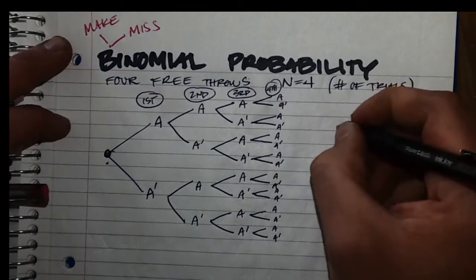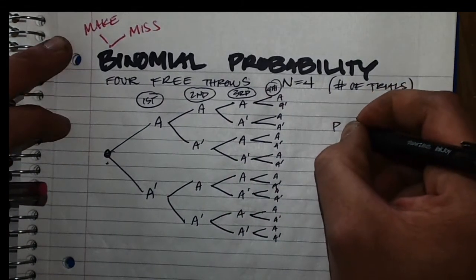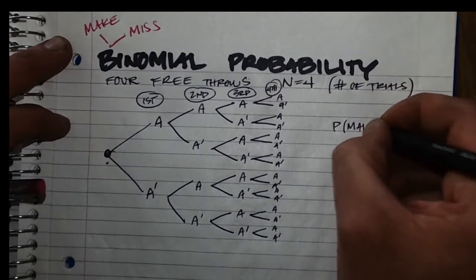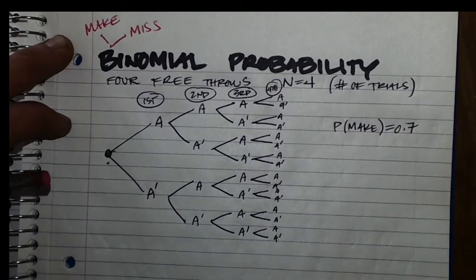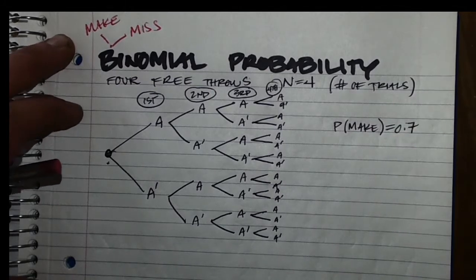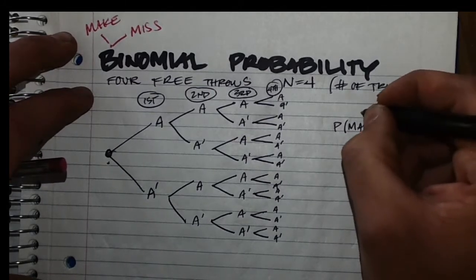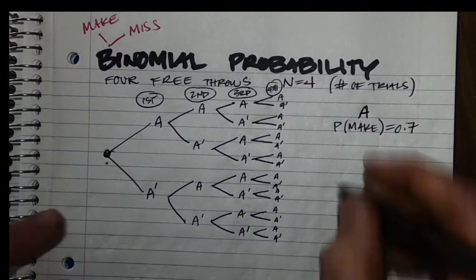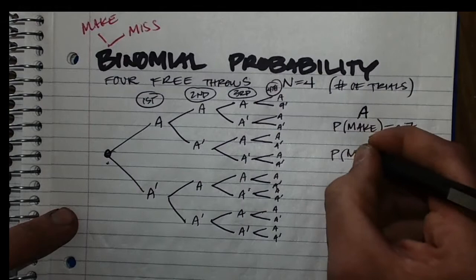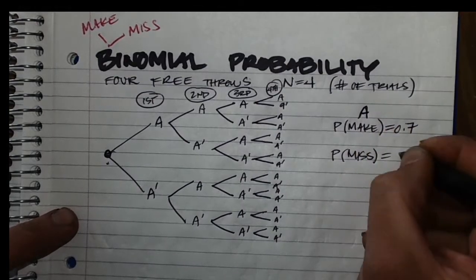Okay, and by the way, the probability of making, Antonio's been shooting 70%, and that's what I'm calling A. Probability missing then 30%.